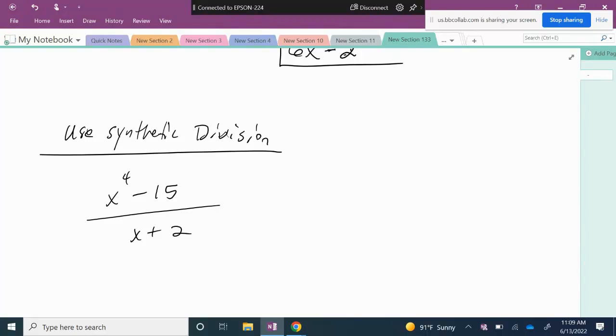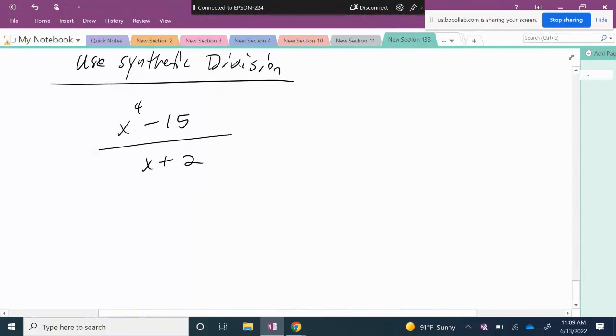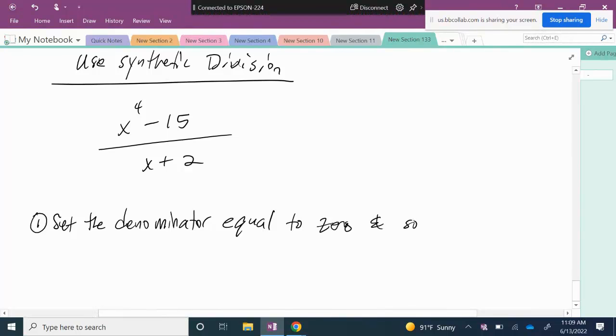All right, so remember the steps. We're using synthetic division. So the first step, set the denominator equal to 0. And solve.